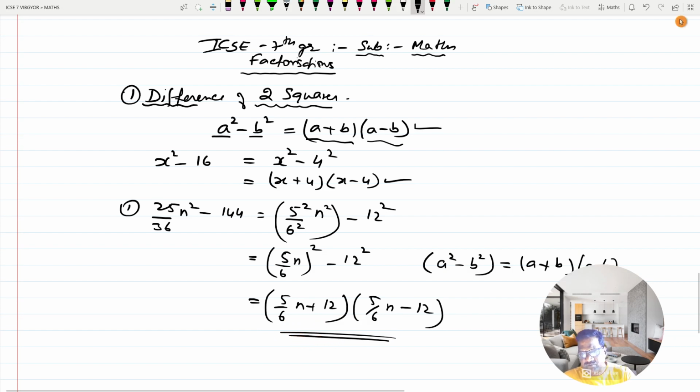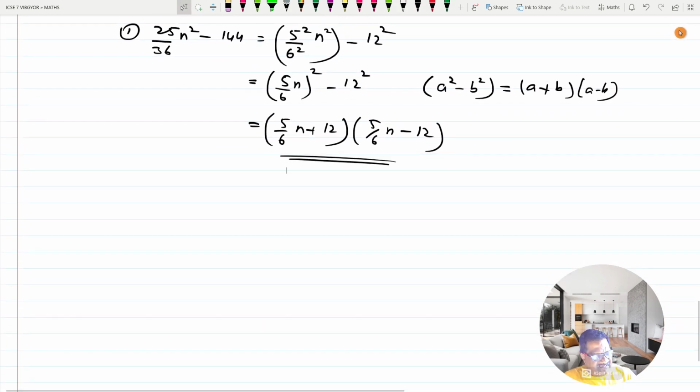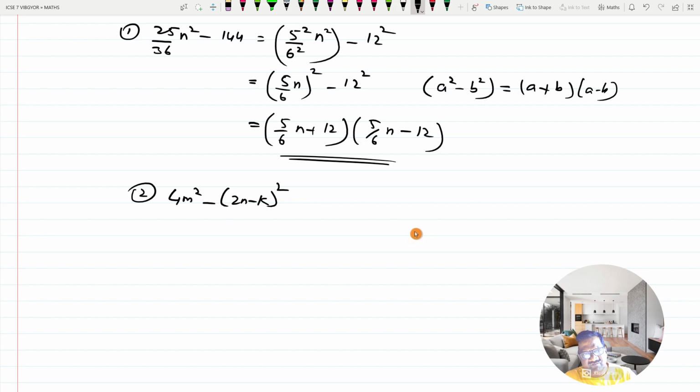Let us try one more. Second one is this one: 4m square minus 2n minus k the whole square. Now, if you see this carefully, this is nothing but the difference of two squares.